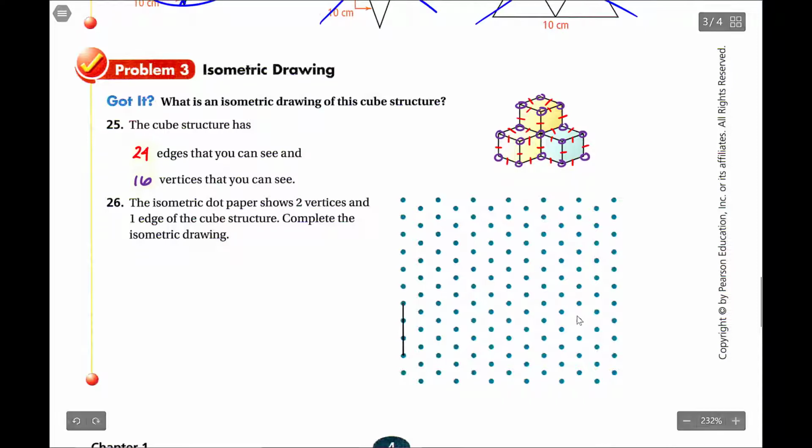And they've given us this first edge, and so that's going to correspond to this edge right here. And we're going to draw the rest of the shape. So if we just draw through these dots, which makes it easy to transfer the image, that's that first cube. And then we have the second cube immediately to its right.